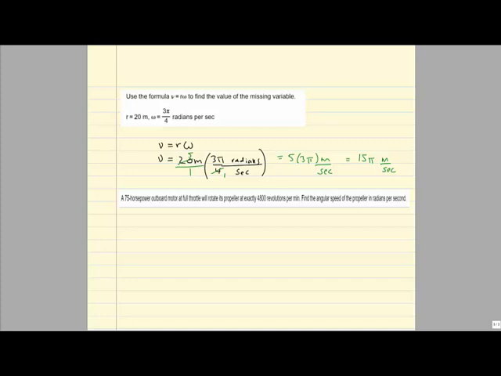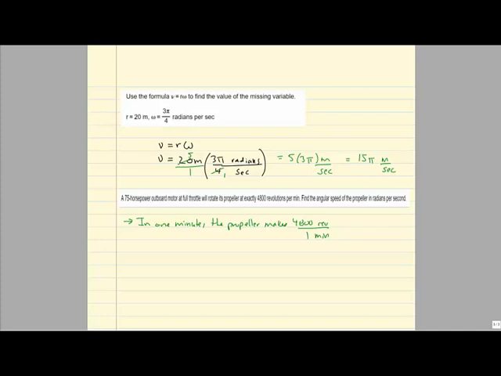So in 1 minute, the propeller makes 4,800 revolutions per minute. I'm just trying to break down what's being provided to us so far.